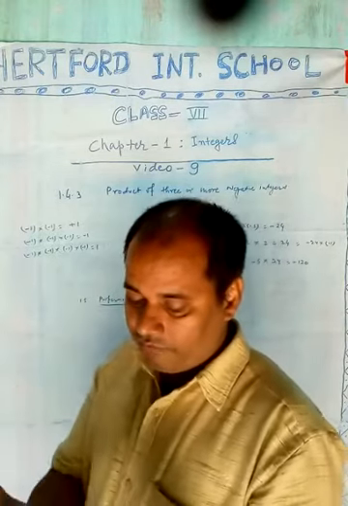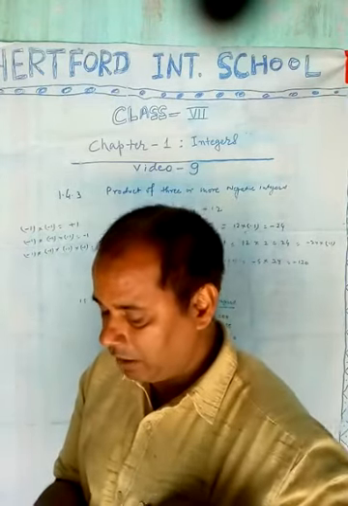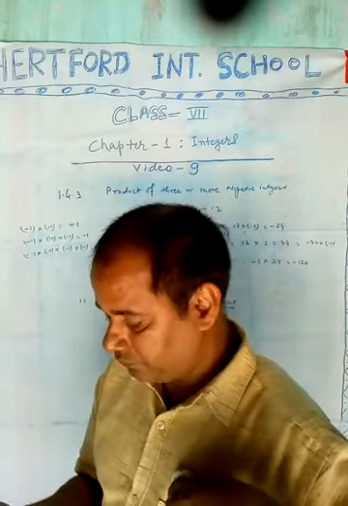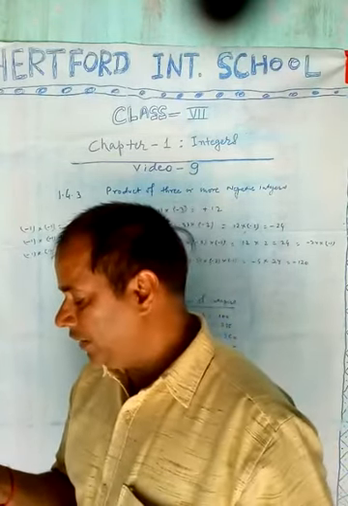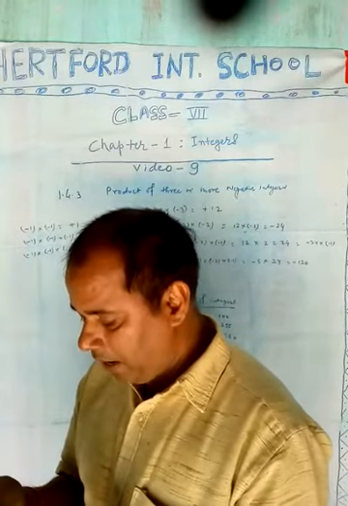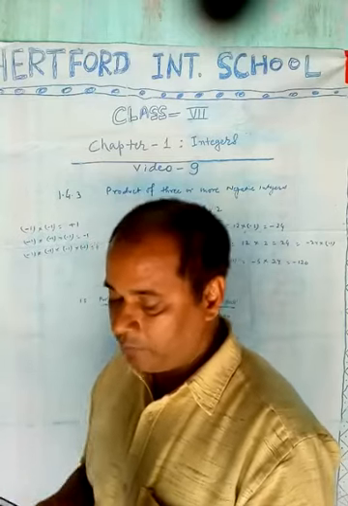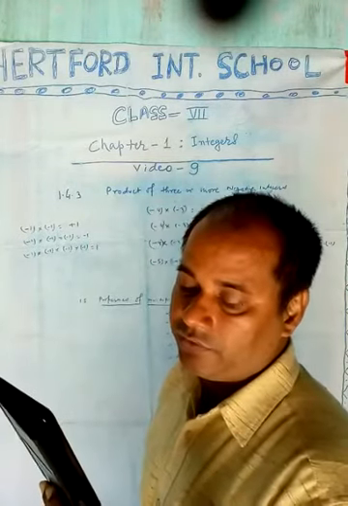Next is 1.5.3, multiplication by 0. We know that any whole number when multiplied by 0 gives 0. Observe the following products of negative integers and 0.